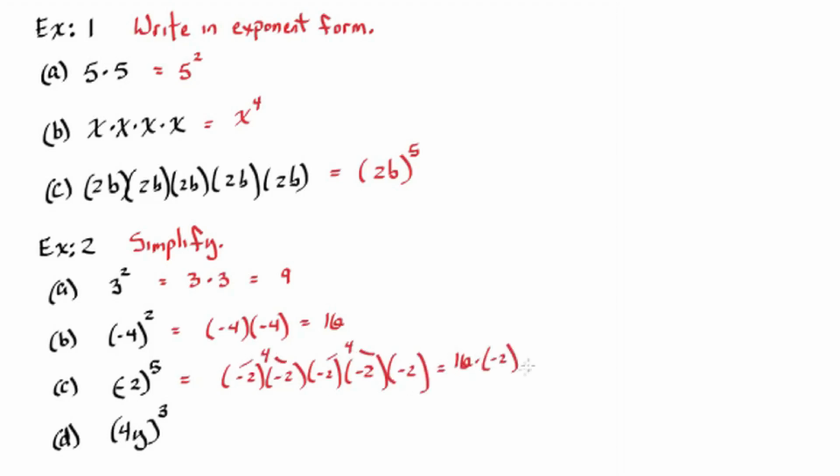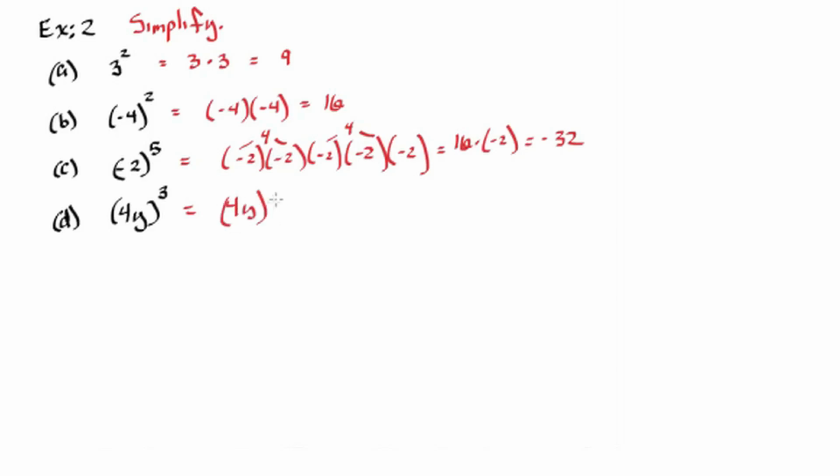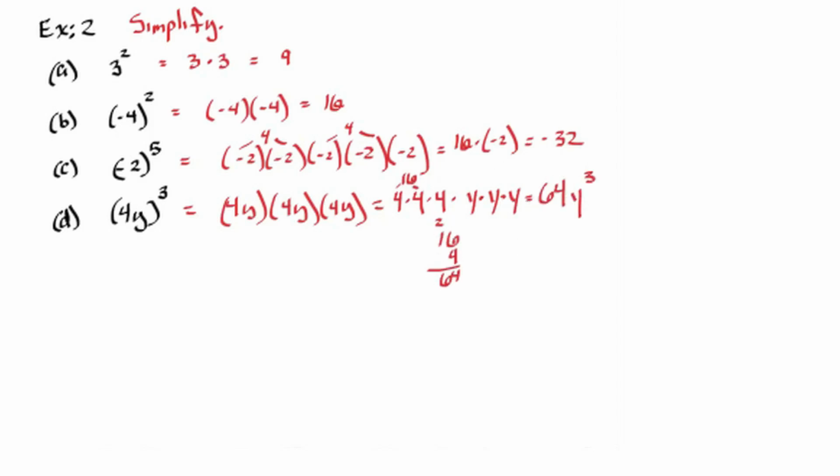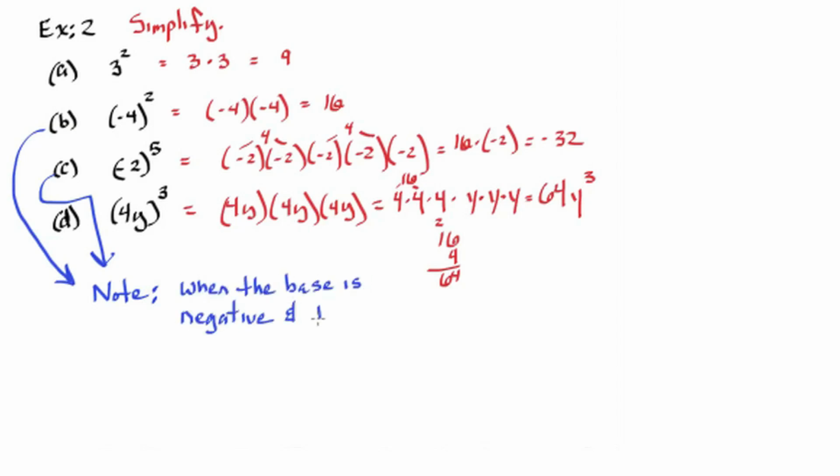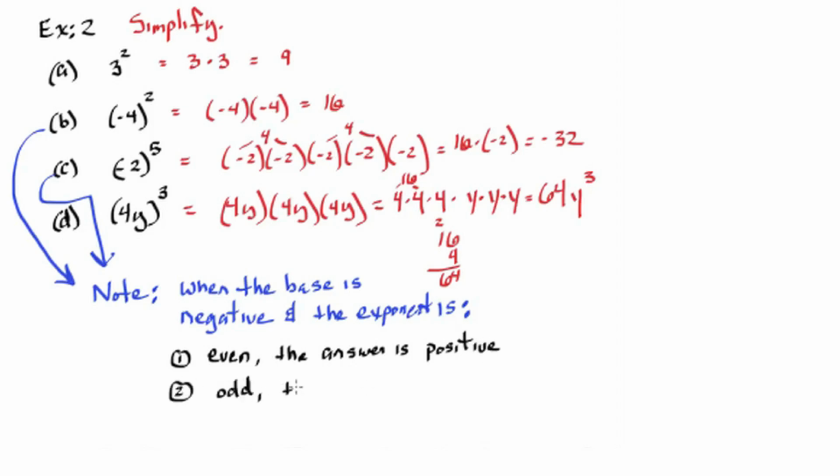Negative 2 to the 5th, we're just taking all the factors, multiplying it times itself to get negative 32. And the same with 4y to the 3rd. We end up getting 64y to the 3rd. Note, when the base is negative and the exponent is even, our final answer will be positive. If the exponent is odd, our answer will be negative.